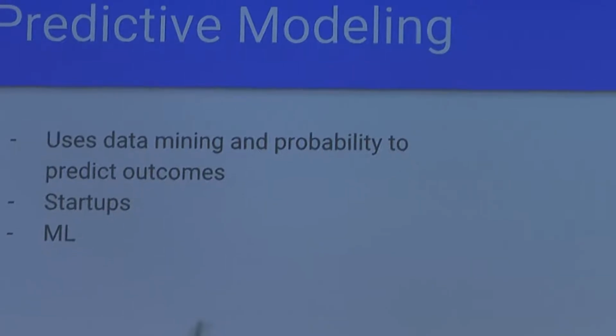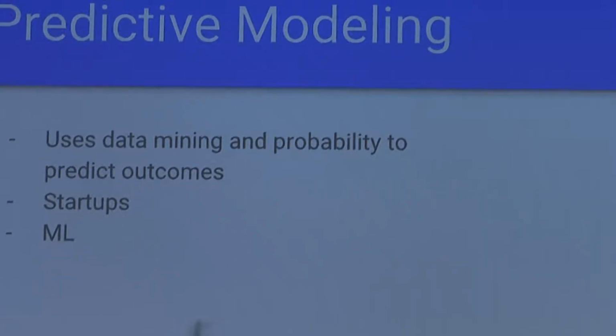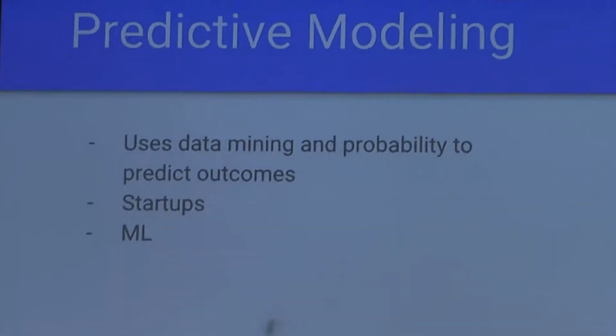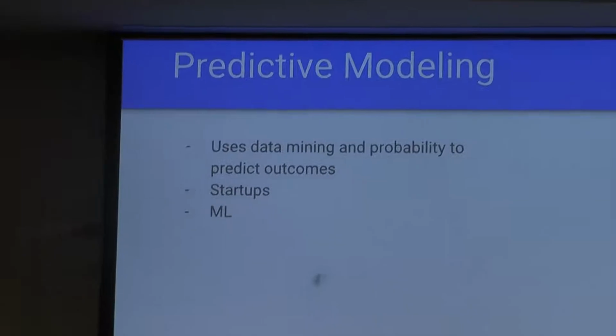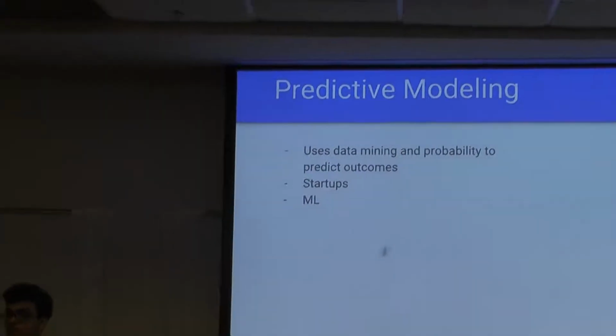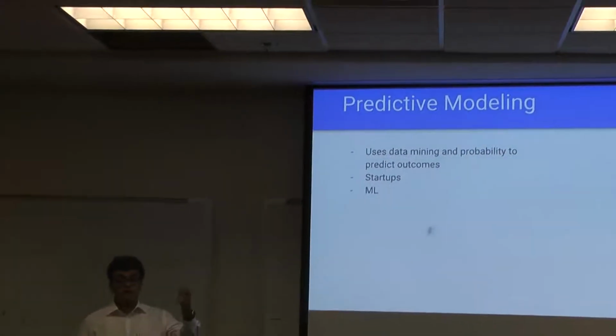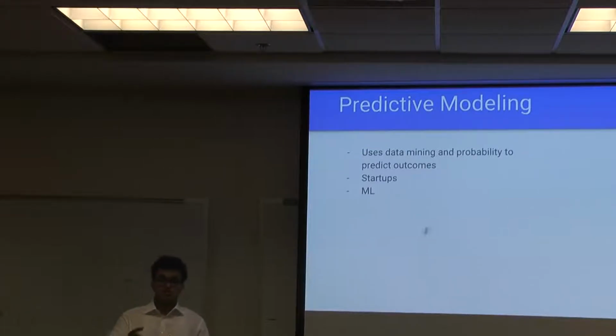if I was a startup and I was trying to see how my 200 users use my system, I'll be extracting gigabytes and gigabytes of information from that user in order to see, in general, how do users use my system. But if I was Facebook or Instagram, I have millions and millions and millions of users. I can't possibly have gigabytes of information for each one of those users.